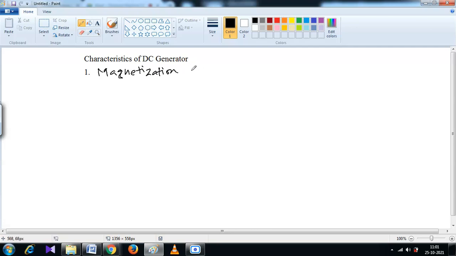Magnetization characteristics. The second one is internal characteristics.